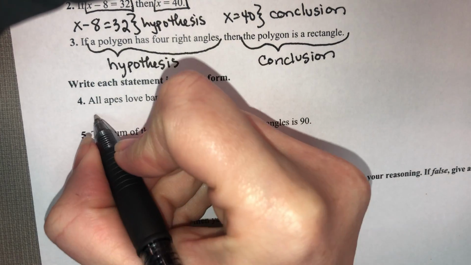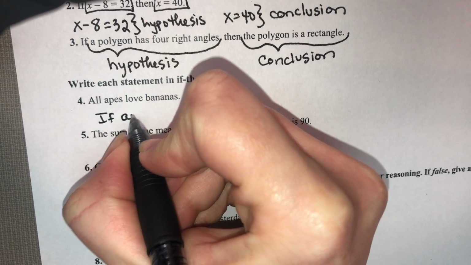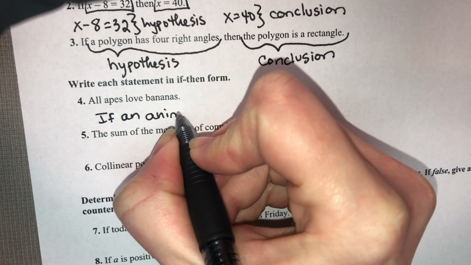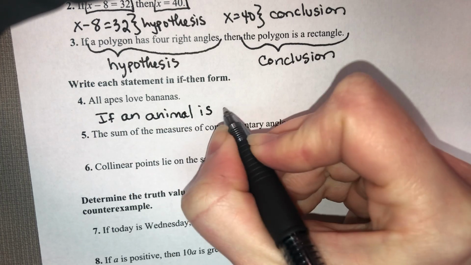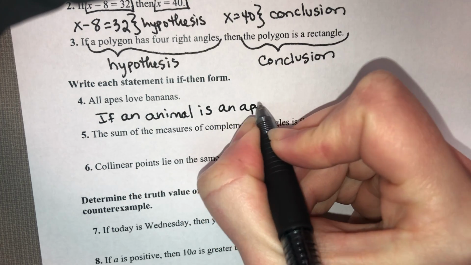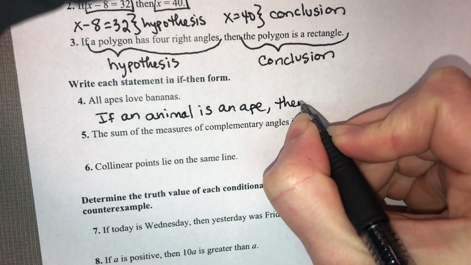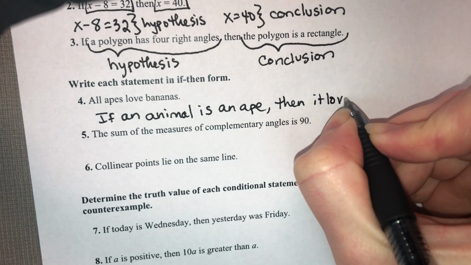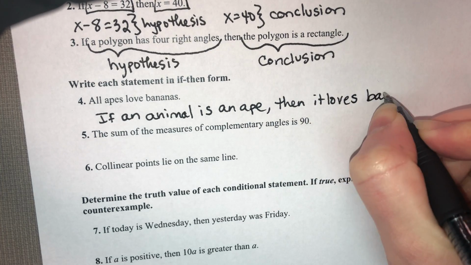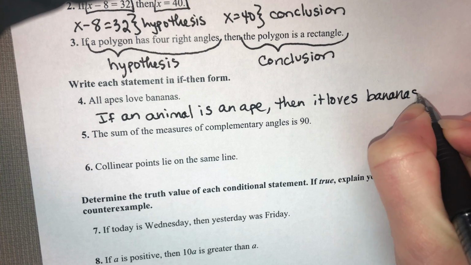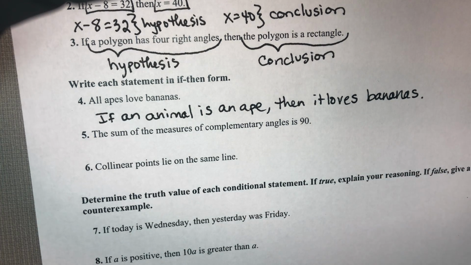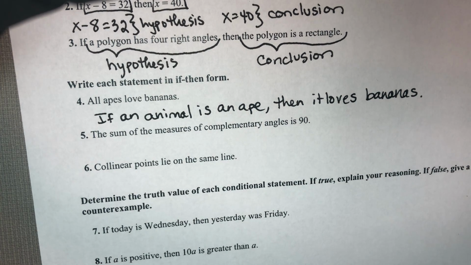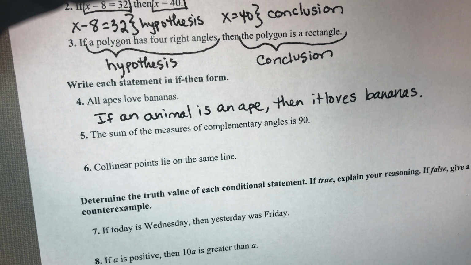So if an animal is an ape, then it loves bananas would work. Now, is that the only way we could have said that? Probably not. But something pretty close to that.